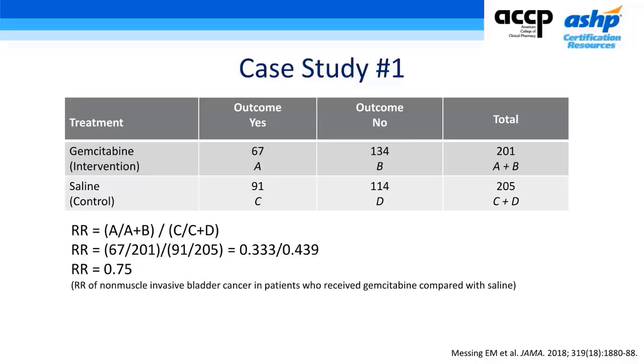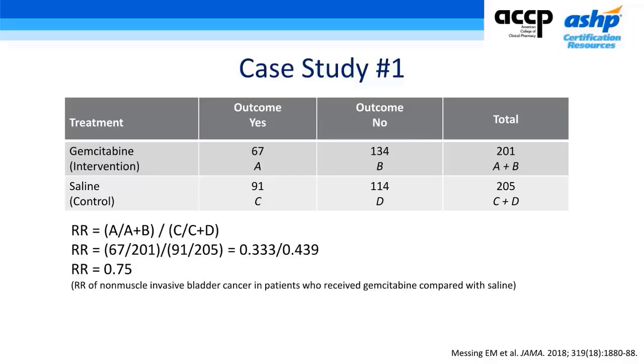So we do have a 1-to-1 distribution there, as mentioned a few slides ago. And then to complete cells B and D, you can do simple subtraction. So you would do 201 minus 67 to get the 134, and then 205 minus 91 to get 114 for cell D.